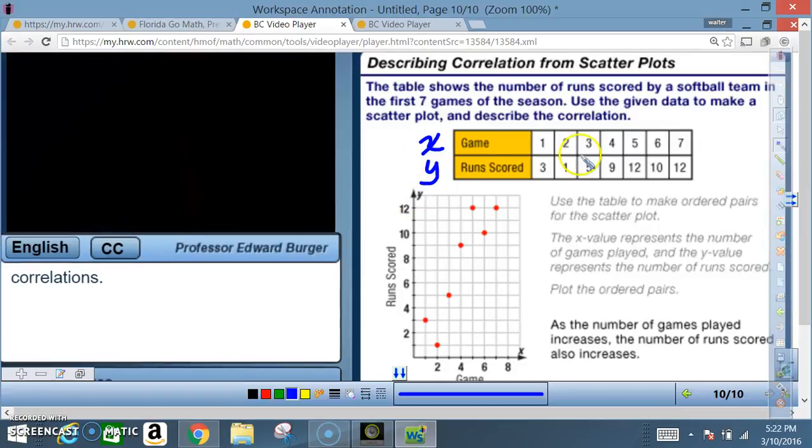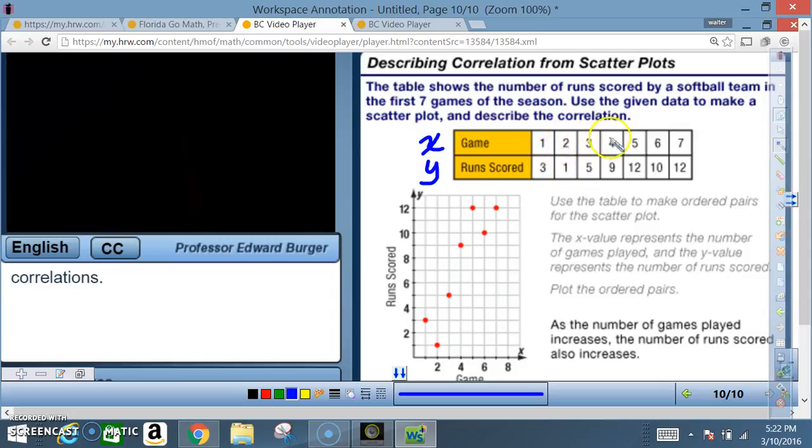Okay, now let's look at the data in a little bit more detail, and let's make sure that you know how to graph. Do you notice how the word game is on the x-axis, and y, runs, is on the y-axis? So that means this is your x value, this is your y value.